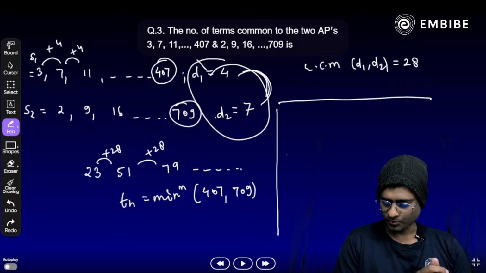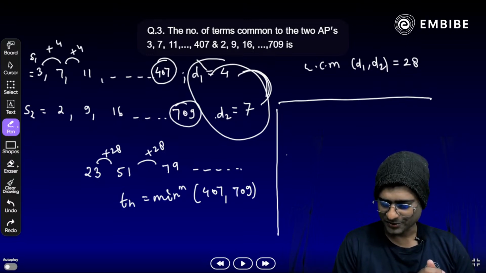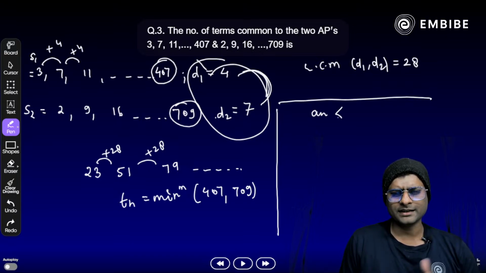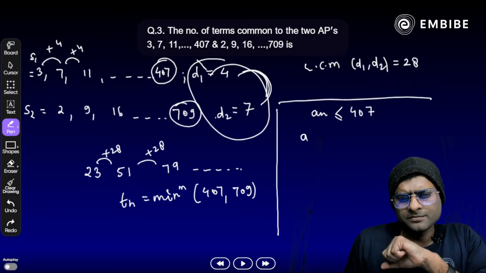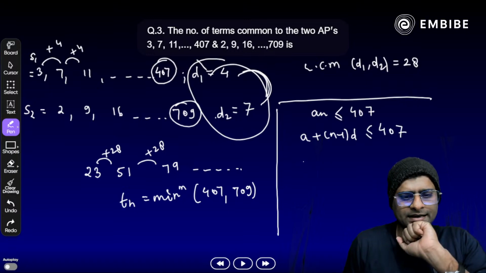Excellent approach. Well done. Yes, you people are doing it quite correctly. Very good. So, what is the nth term here? We have to write that the nth term must be less than or equal to 407. We don't know n. Apply the formula: a plus n minus 1 times d is less than or equal to 407. What is a here? 23.